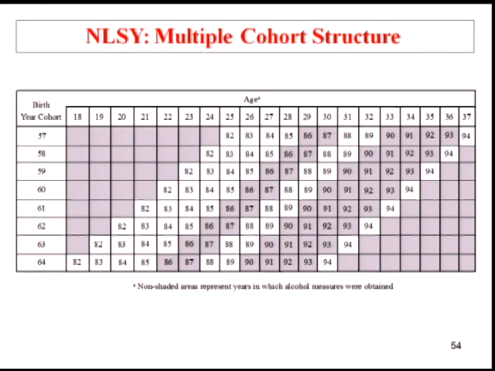At the time point age 22, we have data from 1982 for those who were born in 60, and in 1983, those who were born in 61 are also 22. So we have 1, 2, 3, 4 cohorts contributing to the information about development at age 22. At age 18, we only have 1 cohort. Likewise, at age 37, we have only 1.